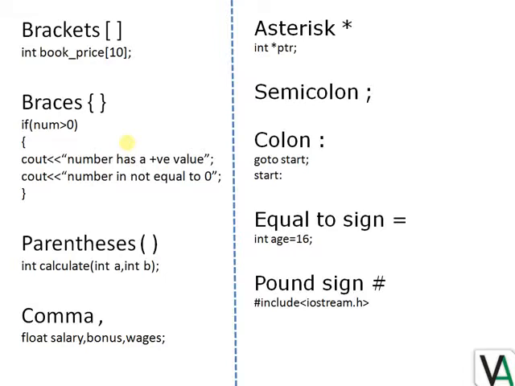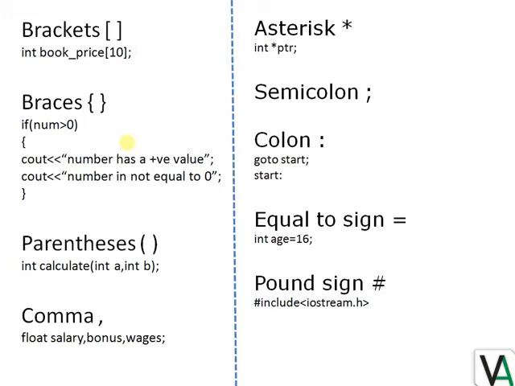These block brackets are used to give a subscript while declaring a variable as an array. Here int book price is an integer array of 10 elements. So if I want to give the size of the array, then I will use these block brackets to give the subscript.